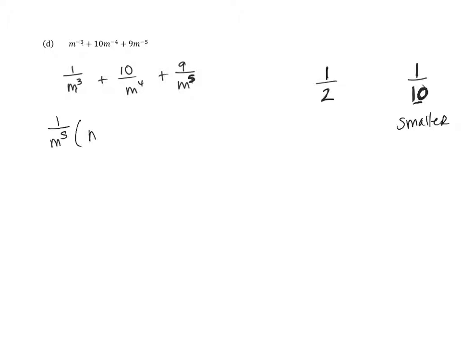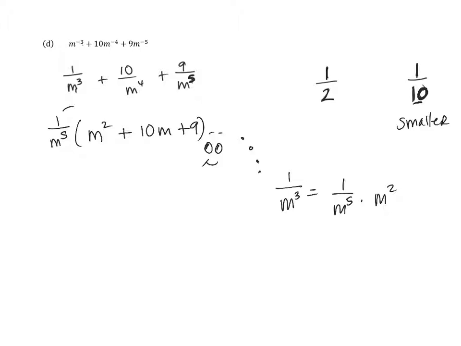Okay, let me just show you what we end up getting, and then I'll show you why. We would get m squared plus 10m plus 9. And why is that? Because if I'm trying to tell you that 1 over m cubed is the same thing as 1 over m to the 5th times m squared, that first term right there, well, is it?